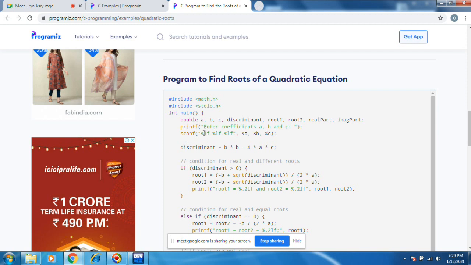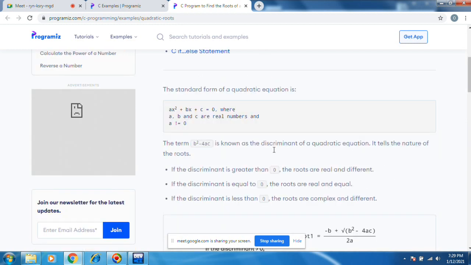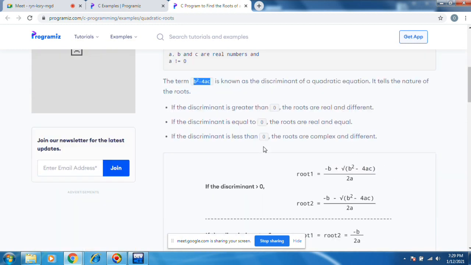Then we'll put %lf, which means double. Here, calculating the discriminant: b square means b into b, minus 4 into a into c. We are calculating b square minus 4ac.